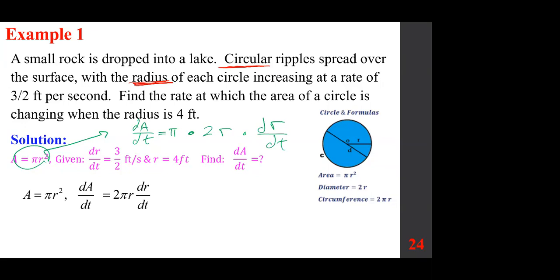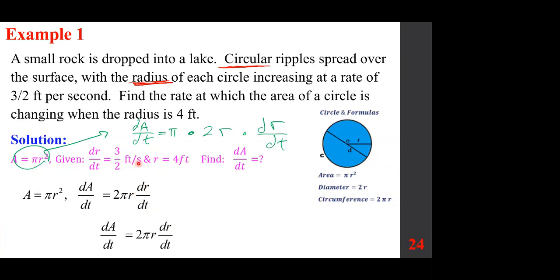I put the pi first, meaning pi is a multiplier and it doesn't go away. It's just a number. And so now just replace the r with 4 and replace the dr/dt with 3/2. In fact, replace the r with 4 feet and the dr/dt with 3/2 feet per second, because I want to discuss the units as well.